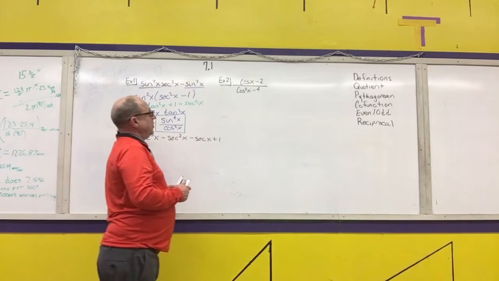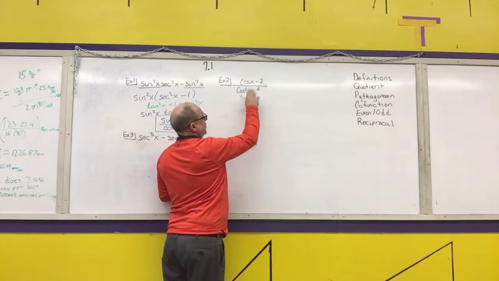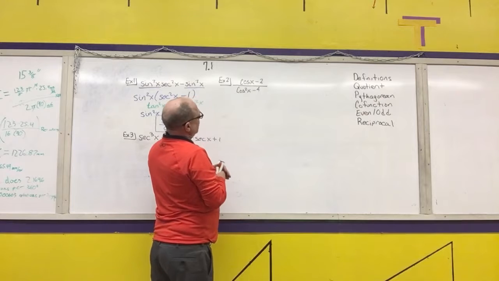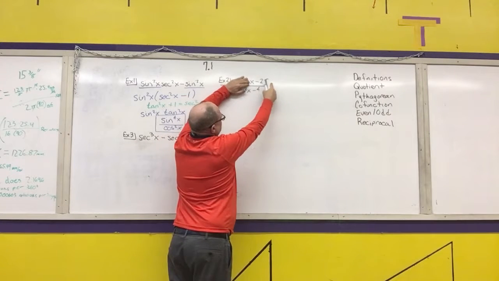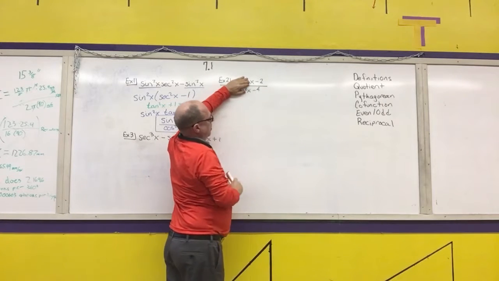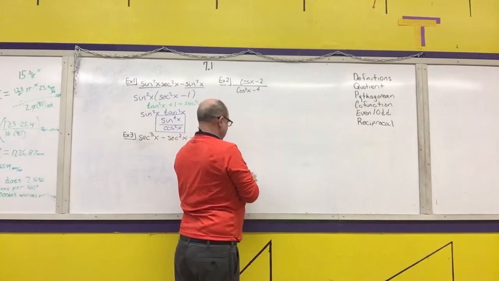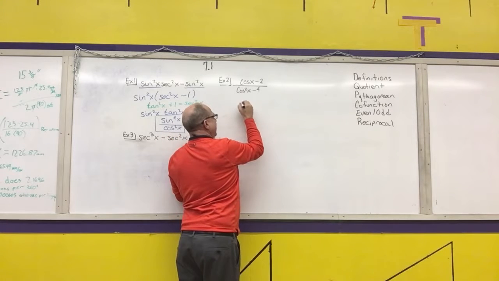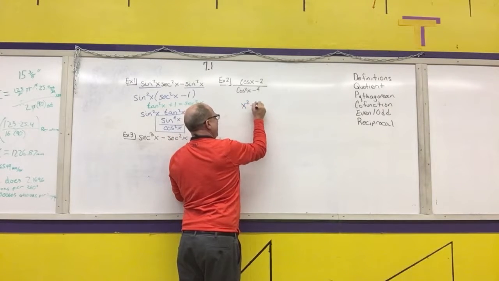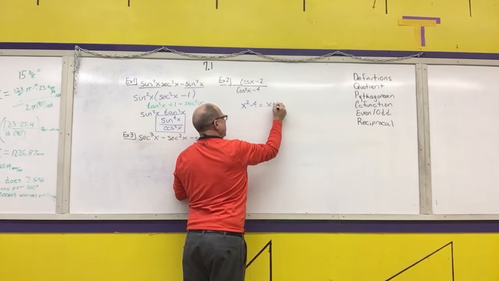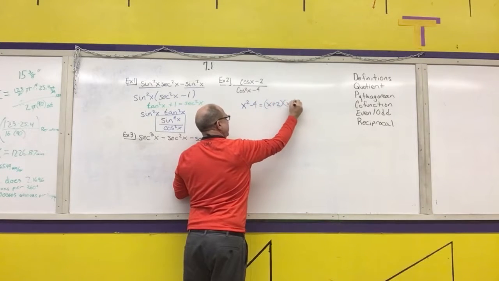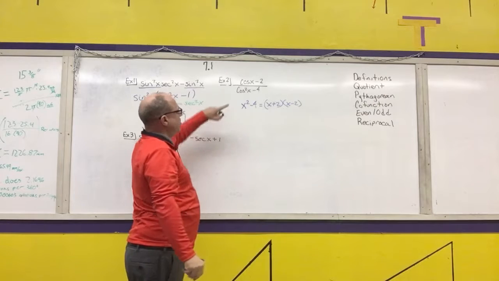My second example, let's just look at this. If you would have seen x minus 2 over x squared minus 4, hopefully most of you would have recognized that x squared minus 4 is equal to x plus 2 times x minus 2. The same thing holds true here.